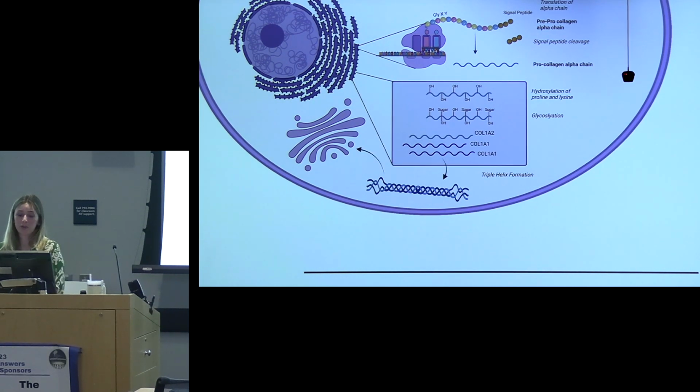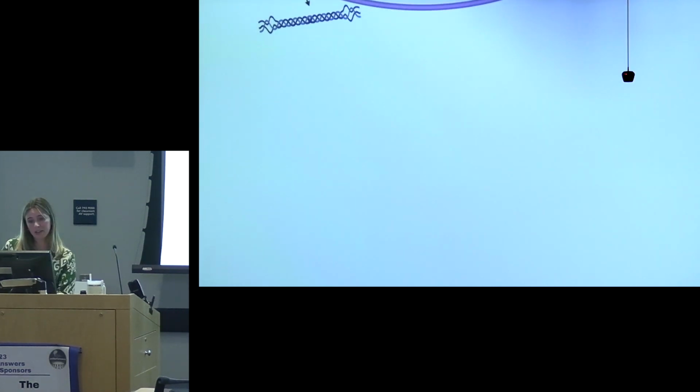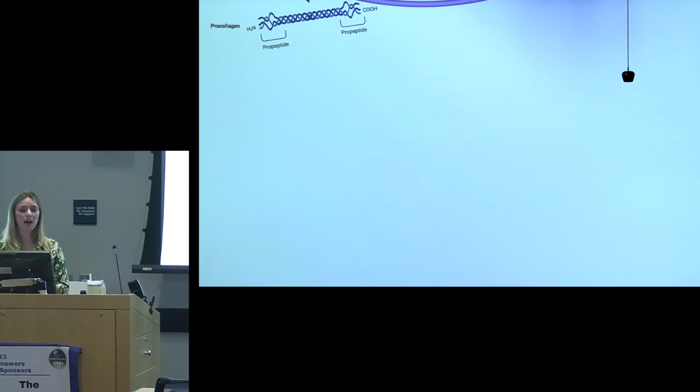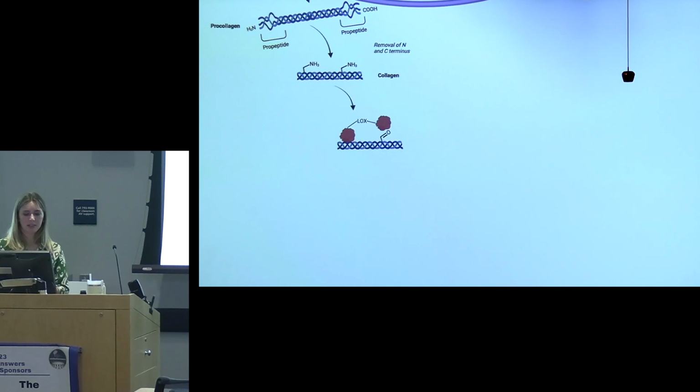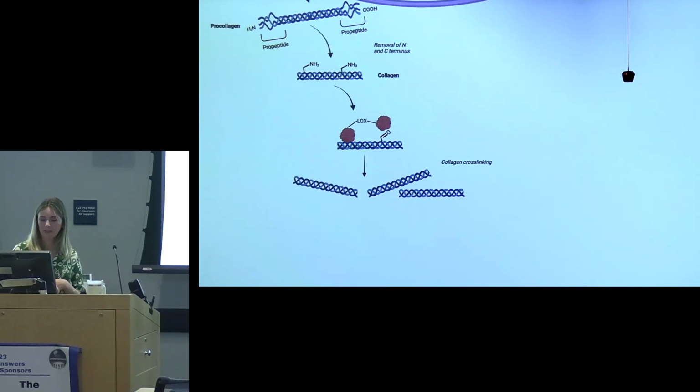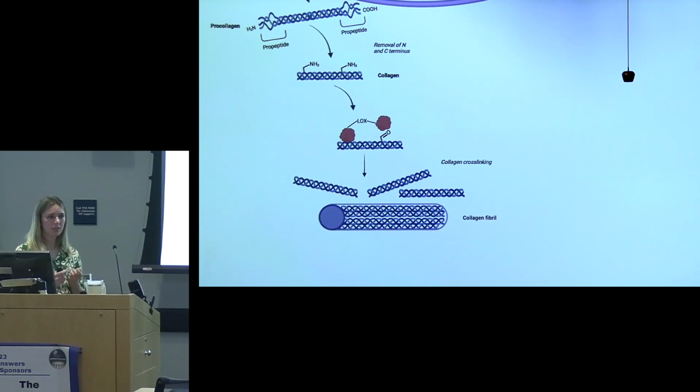And that goes and gets secreted from the cell and comes out, and the propeptide gets cleaved, and now you have this collagen that's almost ready to be put into those fibril circles that we saw. But first, this enzyme called lysyl oxidase has to come in and get it ready to cross-link into these big fibrils. And then you get those circles that we saw.